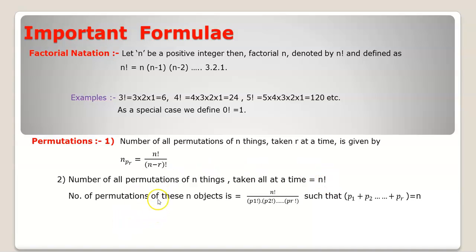The number of permutations of n objects is n factorial upon p1 factorial into p2 factorial and so on up to pr factorial. That is, if there are n objects of which p1 are of one kind, p2 of the second kind, p3 of the third kind and so on, pr of the rth kind, such that p1 plus p2 plus p3 and so on plus pr equals n.